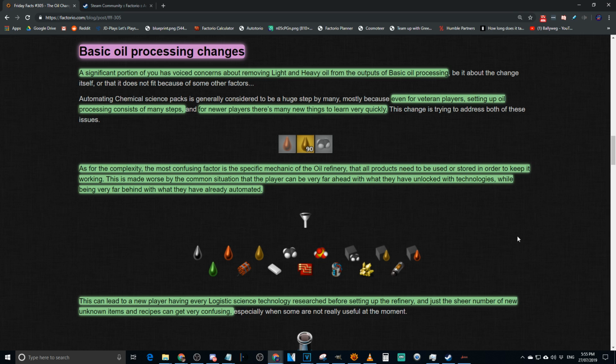And that was one of those things that if you stopped and you went, okay, I'm going to do chemical science, because that's the next thing I want, and then just stop researching, you'd end up with a base that sits idle and everything backs up for like half an hour whilst you get the oil refinery set up, configured, and start actually making blue packs. And if you actually think about it, the stuff that you need to set up chemical science is pretty much everything iconed there except for lubricant and rocket fuel.